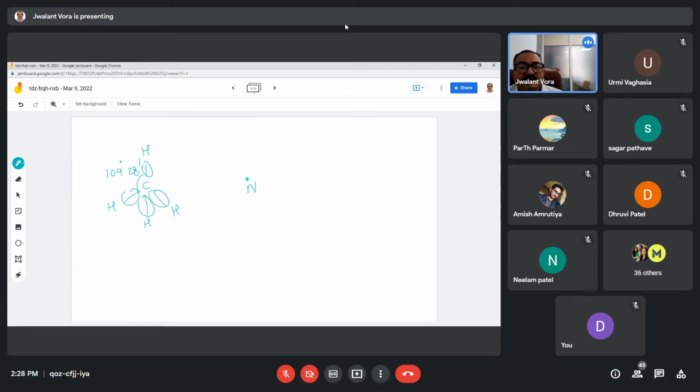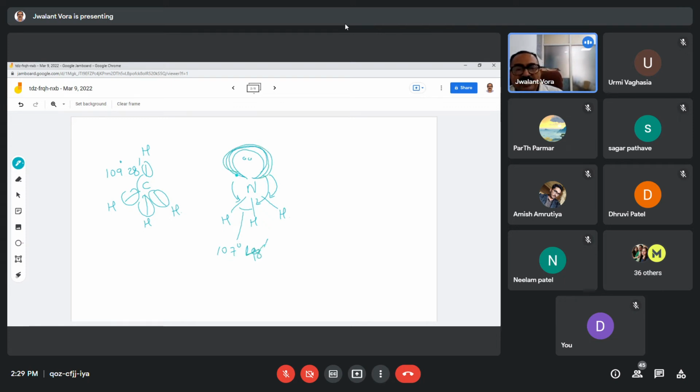Now, on this nitrogen in NH3, this lone pair has comparatively larger space. So what it will do is pull all the 3 bonds, squeezing them. So the bond angle decreases from a regular 109 degrees 28 minutes to 107 degrees 48 minutes.